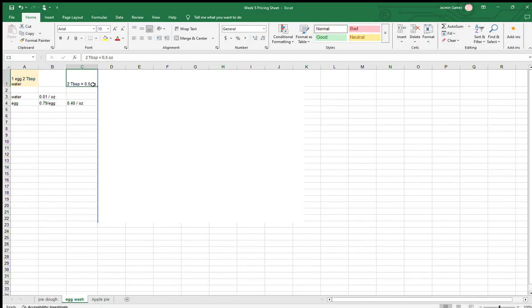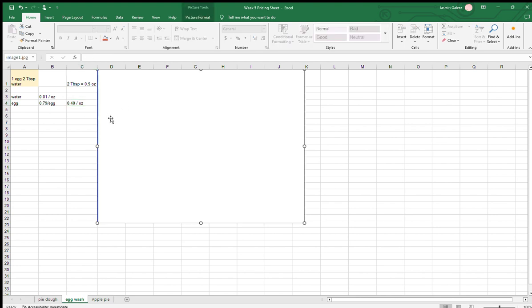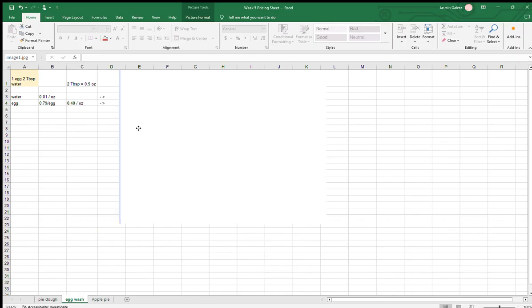Now this is not a pretty number, but we're going to have to deal with it. So water costs a penny. Eggs cost 0.79 cents per egg. I did a little math and it costs 0.40 cents per ounce of an egg, and eggs usually are 2 ounces according to my inventory sheet.